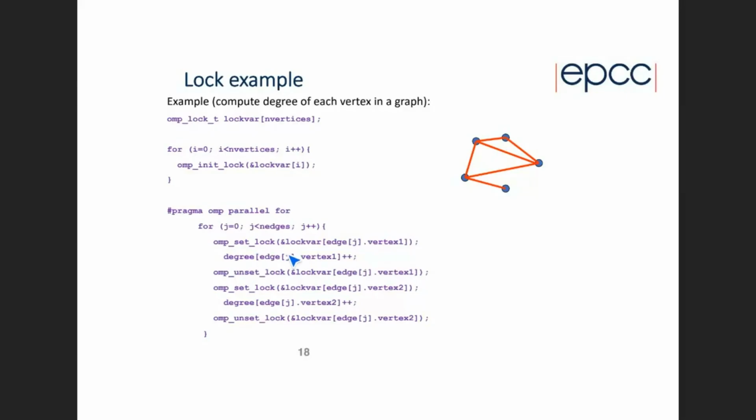So for this element of the degree array, I set the corresponding lock, do the update, and then unset it. Then I do the same thing for the other element of the degree array corresponding to the other vertex: set the lock, do the update, and then unset the lock again.